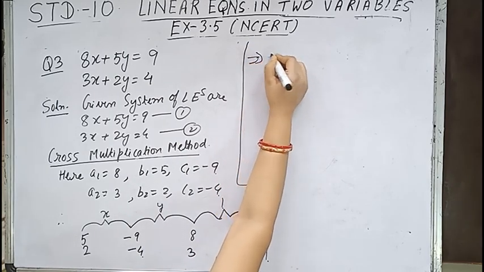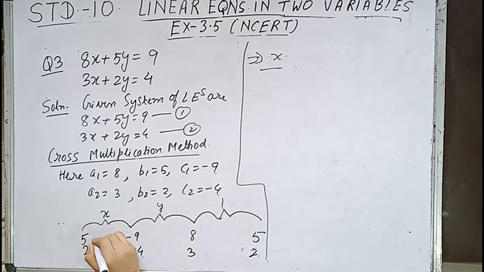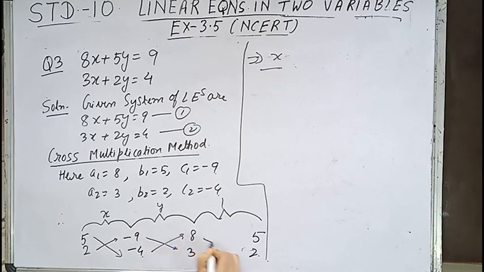This implies x, y, and give the sign as well, children. Sign, if you are not mentioning, the method will not be called cross multiplication method.